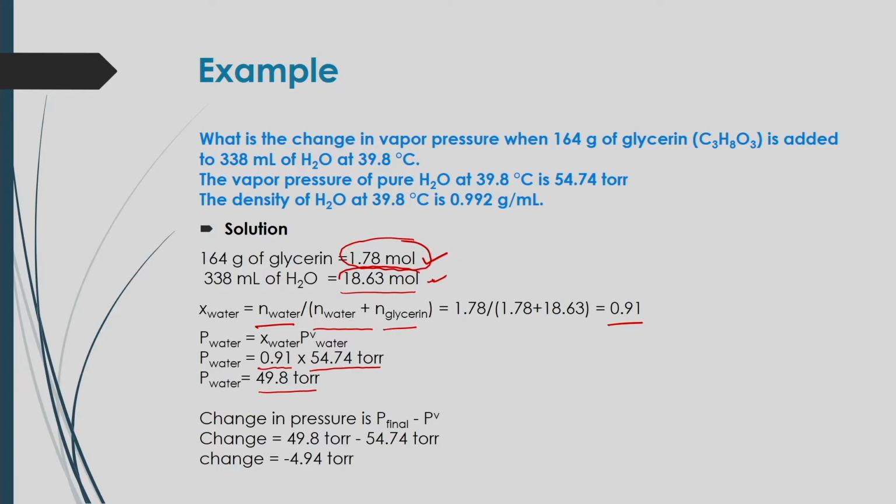Here, the final partial pressure of water at that particular condition is 49.8, whereas the vapor pressure at that temperature is 54.74 torr. If you subtract, you get the change in vapor pressure when you add this amount of glycerin. So it comes to minus 4.94 torr.